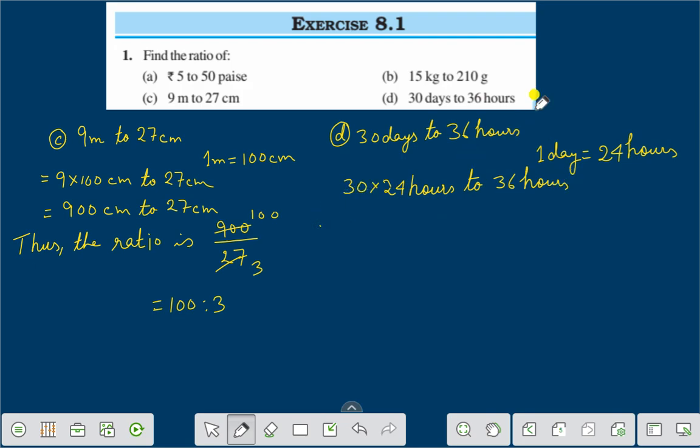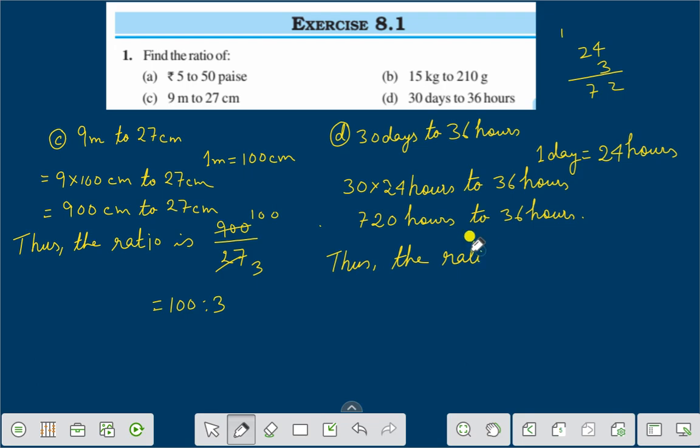Thus, if we multiply 24 with 30, that is 720 hours to 36 hours. Therefore, the ratio is 720 by 36.